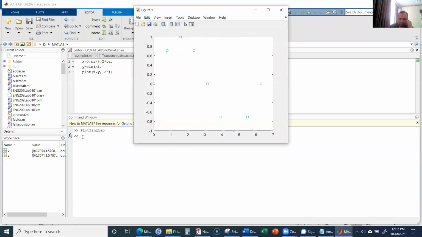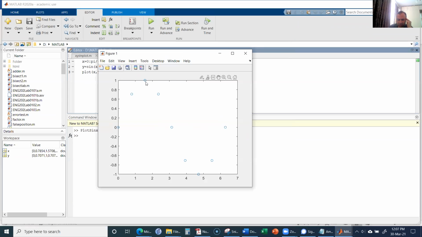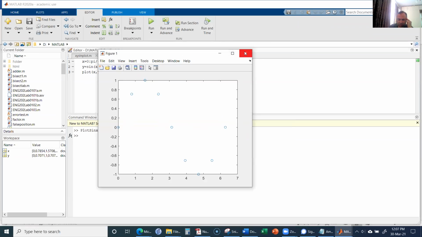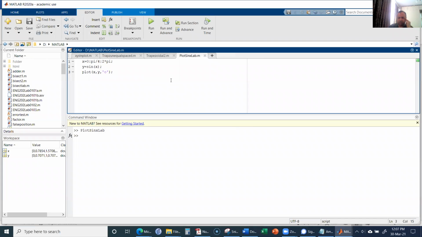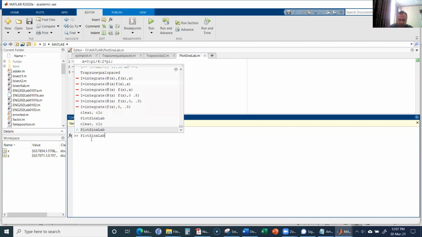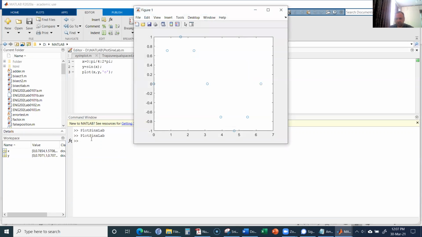Now I can only see these markers over here. That's it. Let me run again, I just closed it unexpectedly.